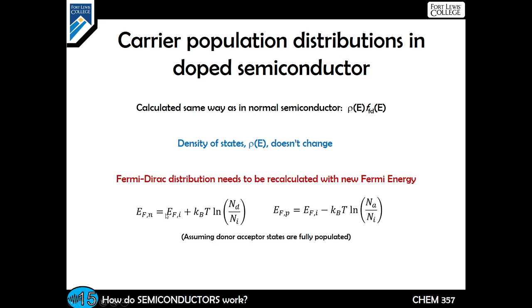This is going to tell you the contact potential of n and p semiconductors in a diode configuration, for instance. So there are a lot of electronic devices made of semiconductor diodes, which have one n-doped side and one p-doped side.